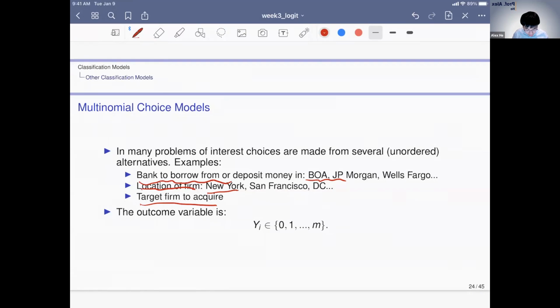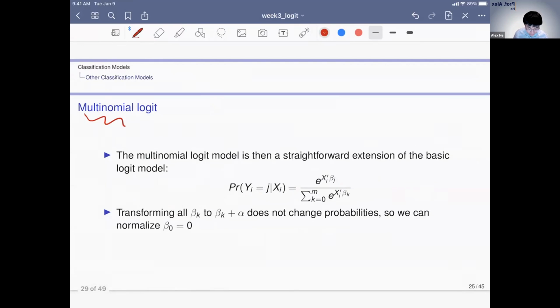In this case, it's basically a slight generalization of logit. That's what we call the multinomial logit. Here we have a function which is also nonlinear in x, and which also looks like the logit function.